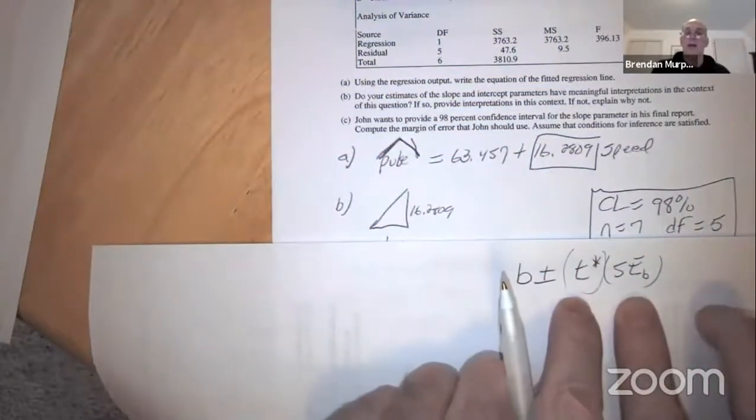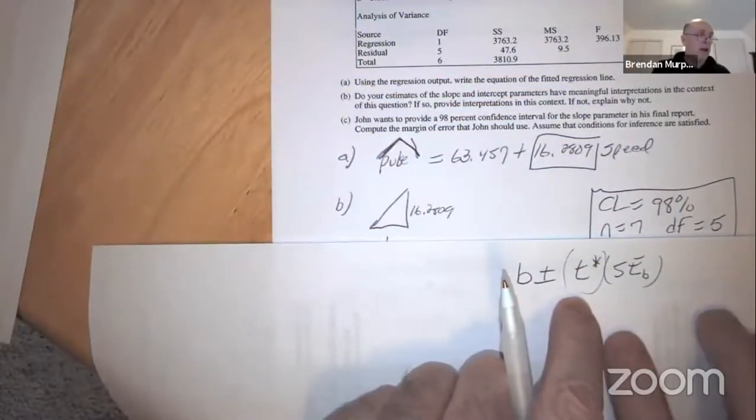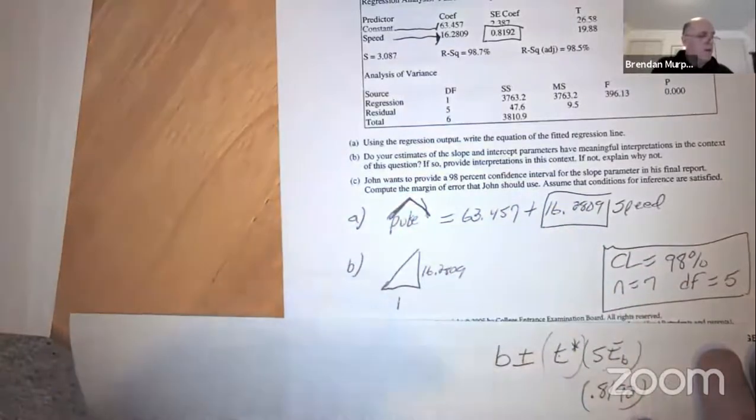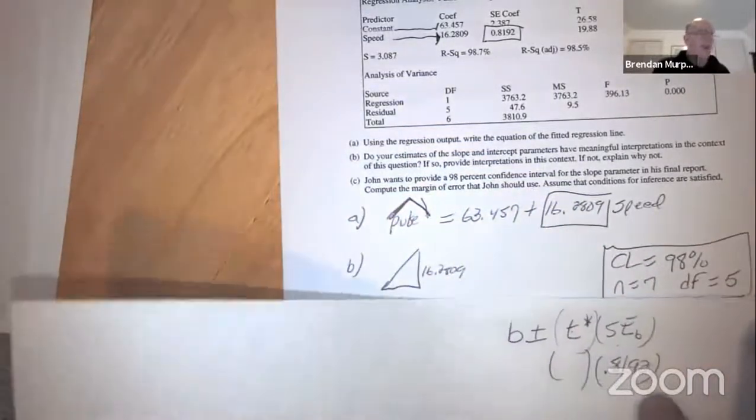When I multiply those two numbers, I get my margin of error. So I need to go get that critical t-value. My SE_b feels like it's this 0.8192 up here, right next to my slope. Let's quickly go get my critical t-value.